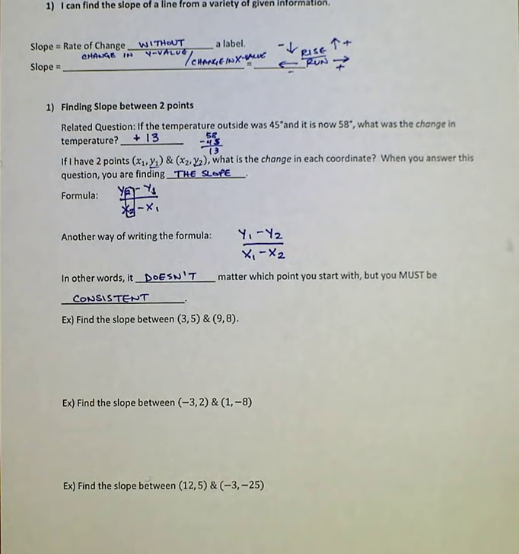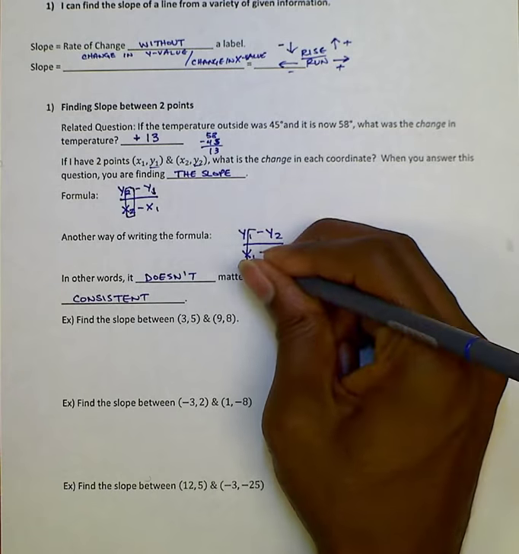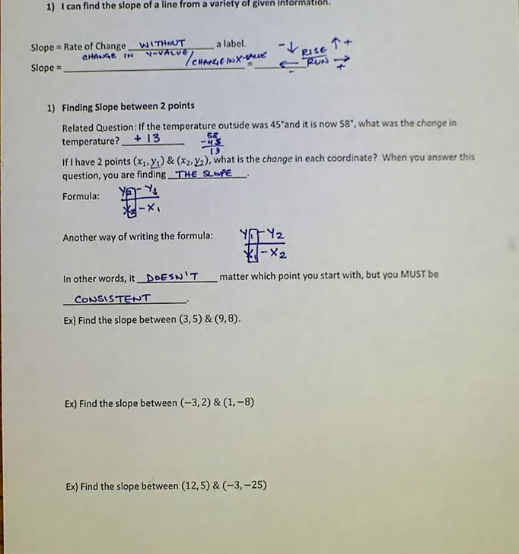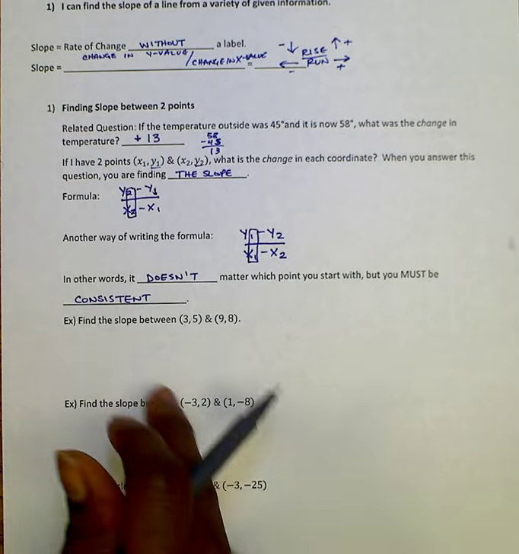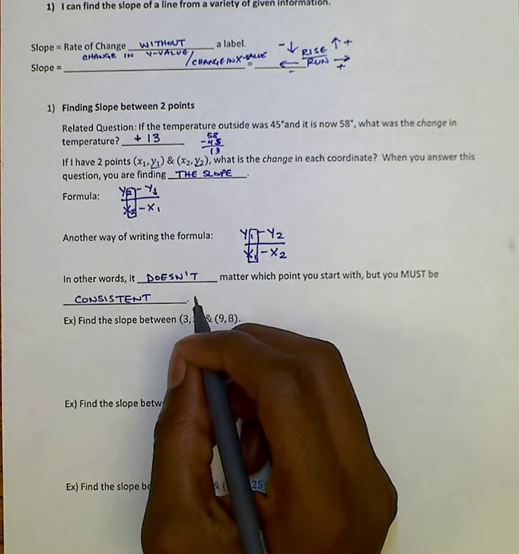Here we started with the 1's, the y from the first point, the x from the first point. Okay, that's the only thing that really matters. Everything else, whichever order you do it in, doesn't really matter, but you do need to always start with the same point.